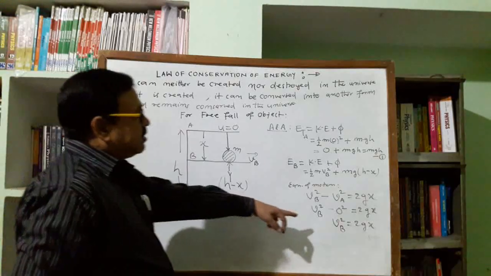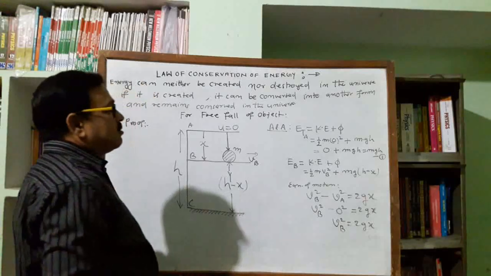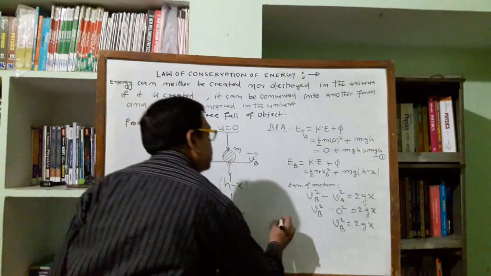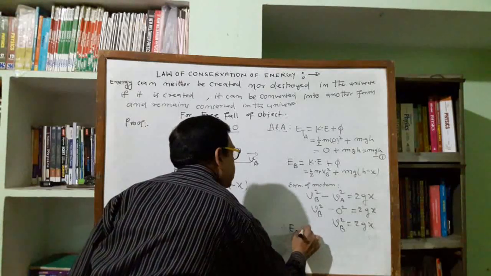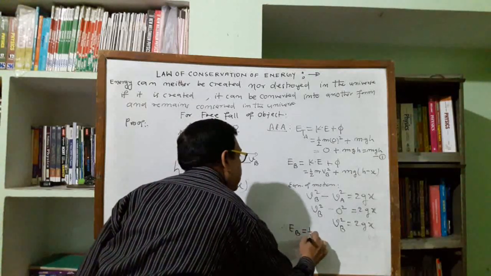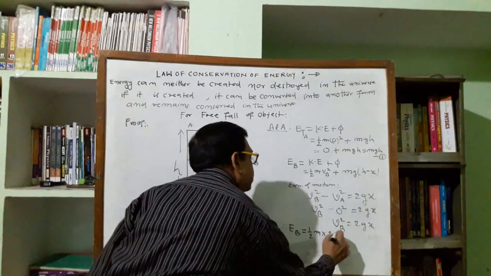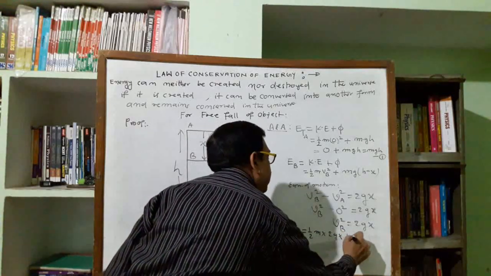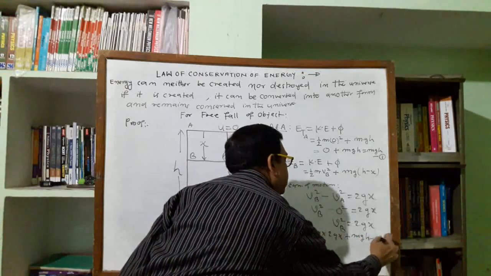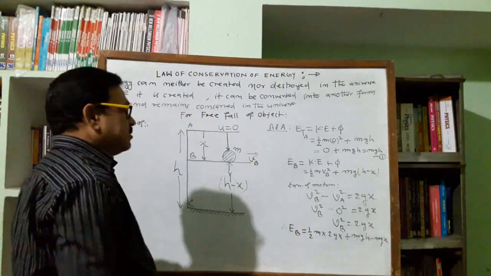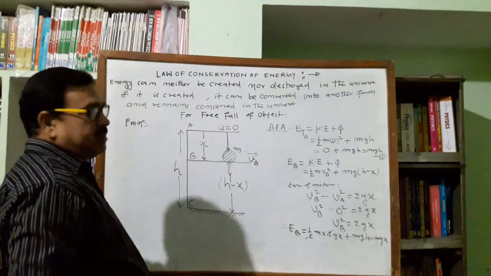Making use of v square equals 2gx in the equation for total energy at B, we can write the total energy at B as 1 by 2 m times 2gx plus mgh minus mgx. Now we cancel out half with the 2 multiplied to gx.